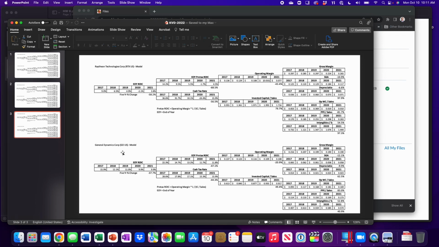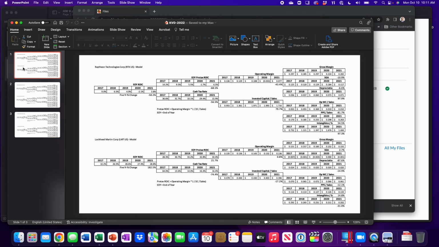These 3 rows right here, I want you to do the first slide, Raytheon against Lockheed Martin. Walk through your own ROIC tree analysis and compare and contrast who's doing better and why.